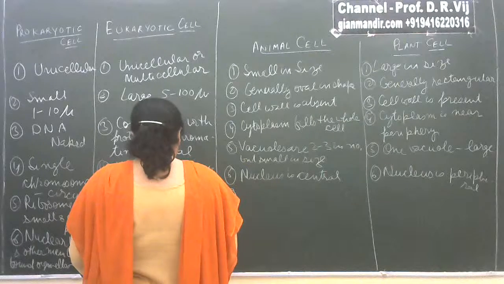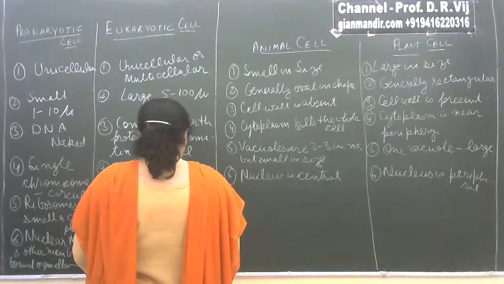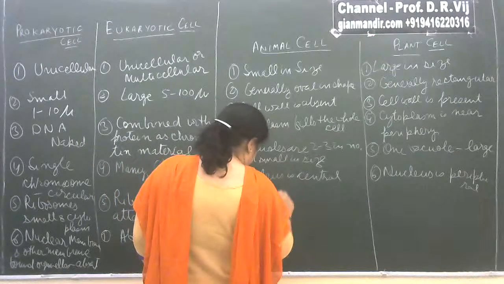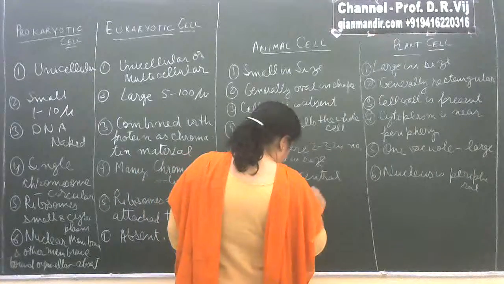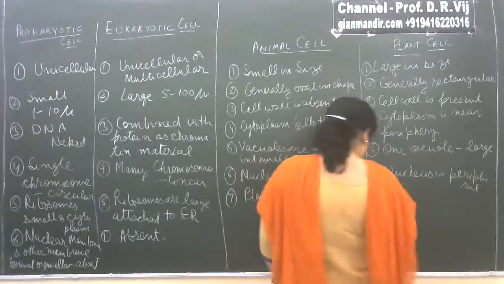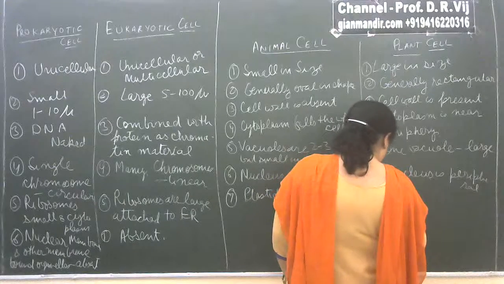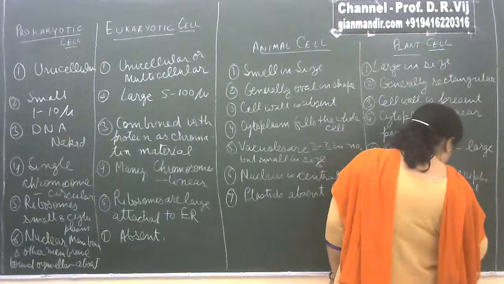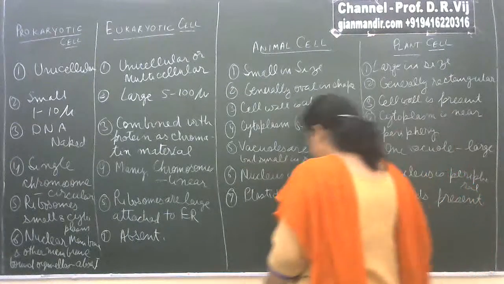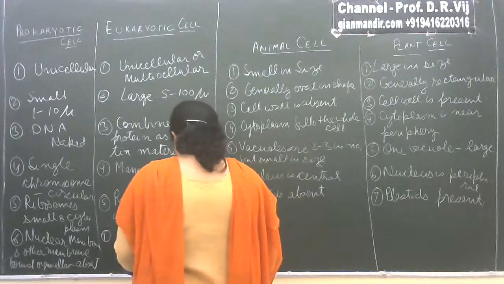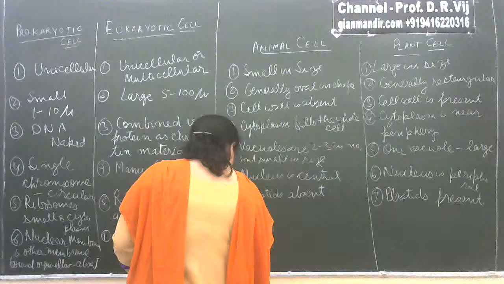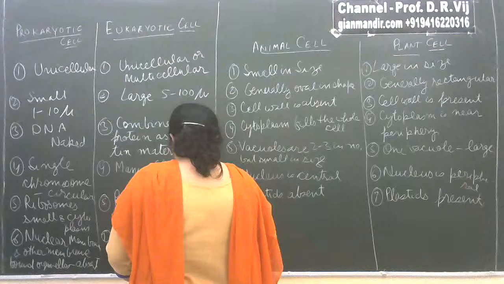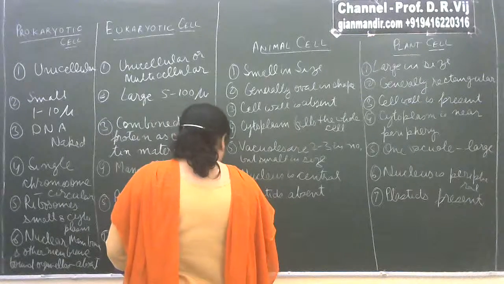In animal cells, plastids are absent, and in plant cells plastids are present. Another difference is on the basis of centrosomes.